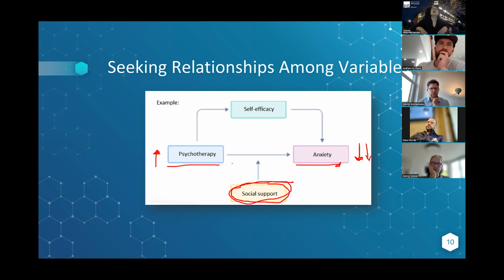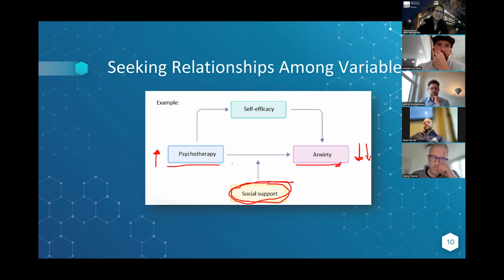So we could make a hypothesis and say that maybe it is self-efficacy. Maybe talking with your therapist is making you realize some specific tools that you have, and you are increasing your self-efficacy, and then you feel more prepared to confront stress, and then you are reducing your anxiety.